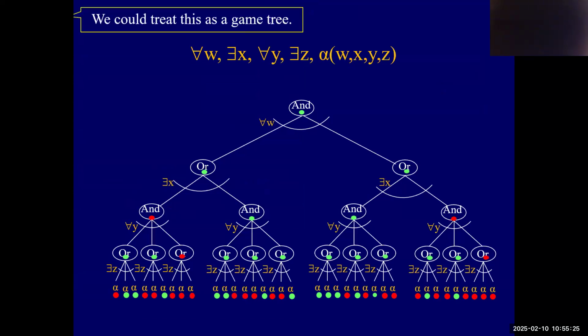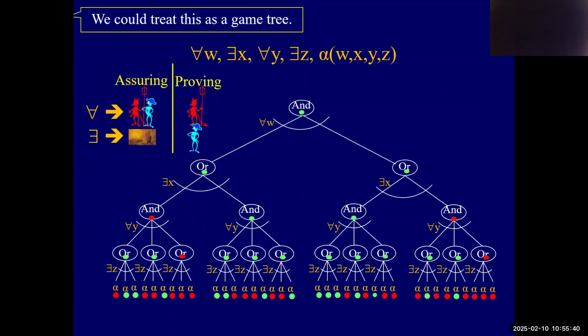And now let's go back to the game. Everybody knows that if you're playing chess, there are game trees where I get to make a move, then you get to make a move, and I make a move. So this is the same thing. How do I prove Forall if the adversary comes up with it? How do I prove it exists? I come up with it.